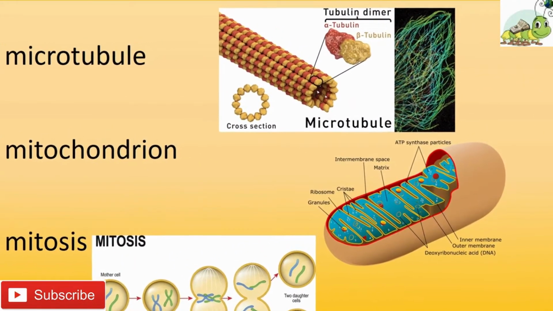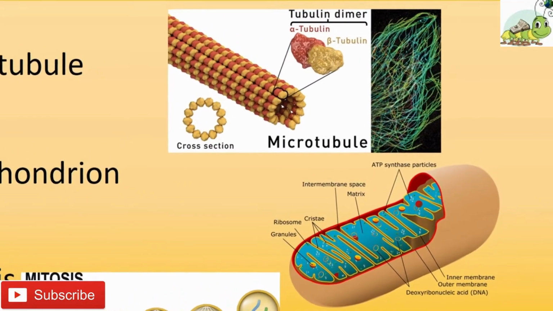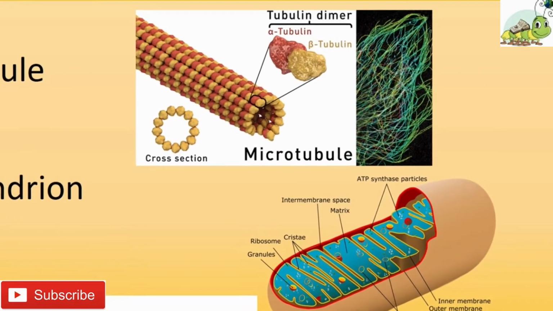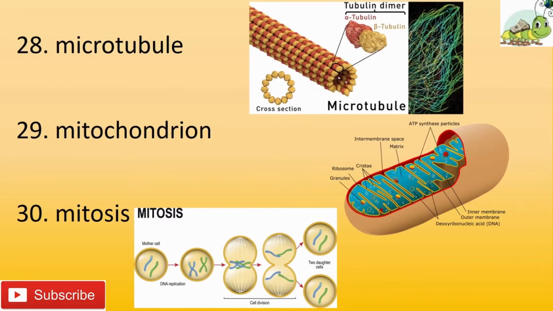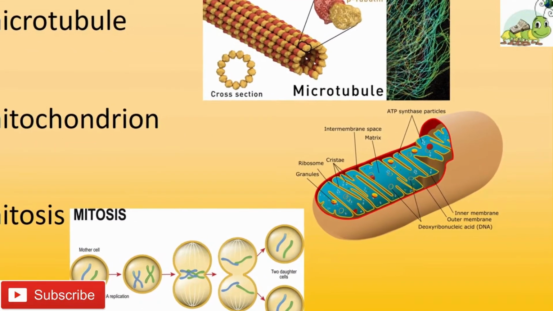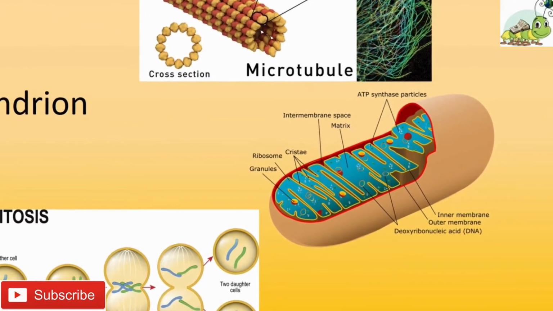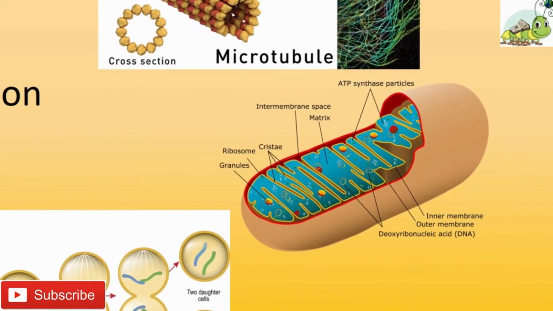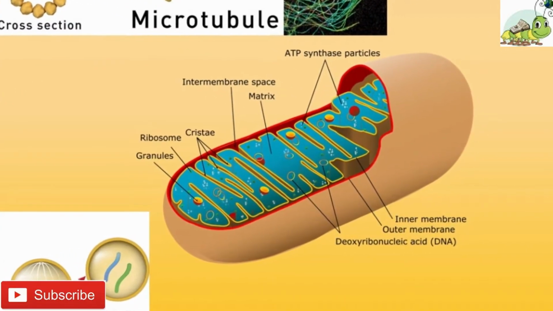The thickest of the cytoskeletal filaments, composed of tubulin subunits that function in cellular movement and structural support. Point number 29. Mitochondrion. One of the cellular organelles bound by a double lipid bilayer that function primarily in the production of cellular energy, that is called ATP.